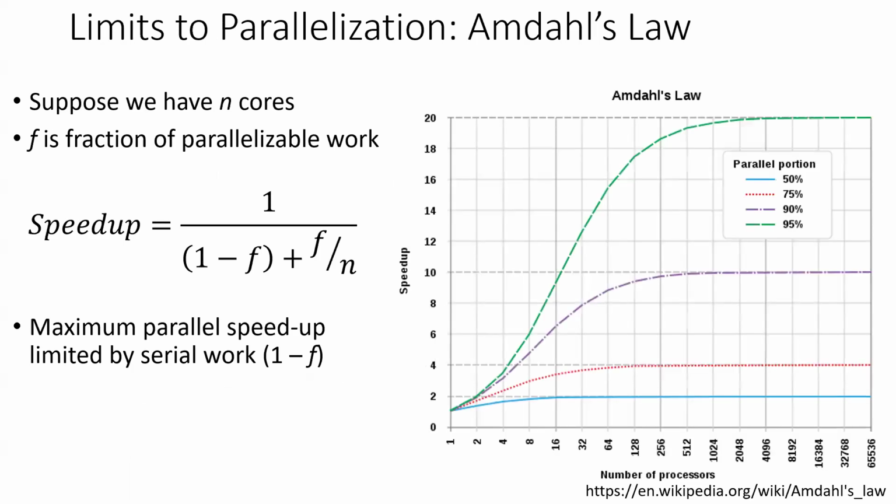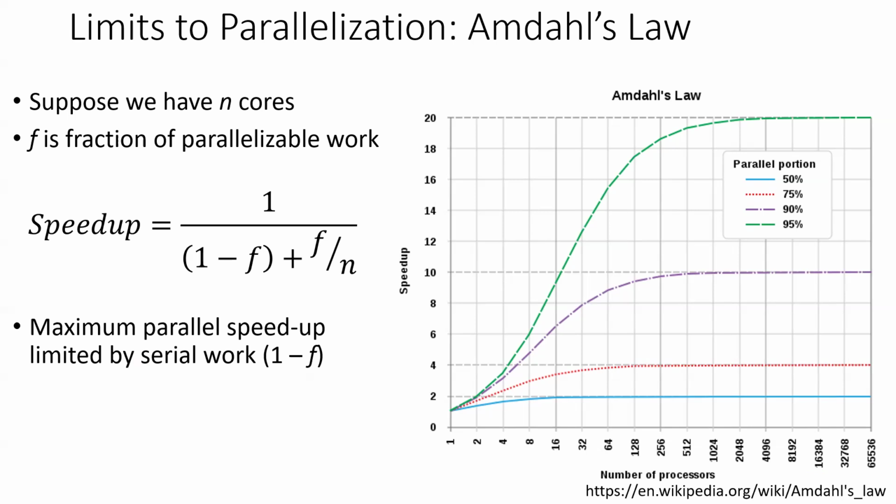Parallelization is limited even if you have an infinite number of cores. That's because we only have a fraction of work that is parallelizable, and that defines our upper limit for speedups. You can get the maximum speedup using Amdahl's law, which is this equation.